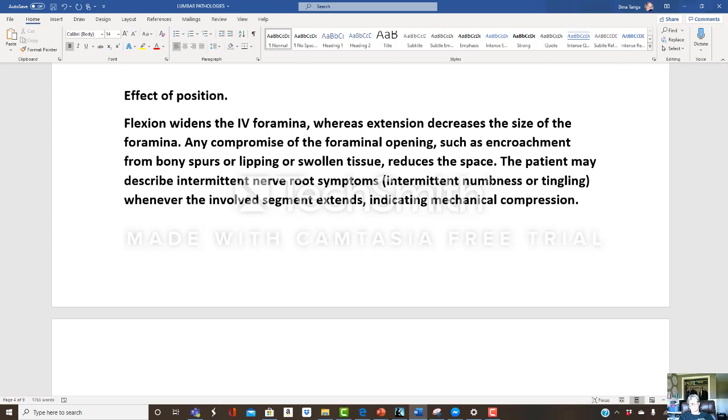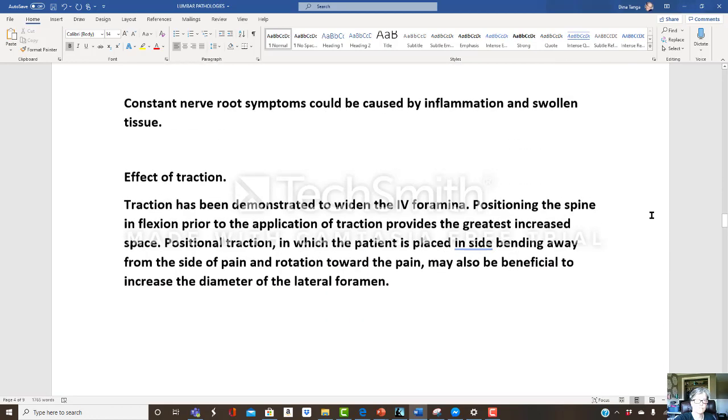Any compromise of the foraminal opening, such as encroachment from bony spurs or lipping of swollen tissue, reduces the space. The patient may describe intermittent nerve root symptoms, intermittent numbness or tingling, if the involved segment extends, indicating mechanical compression. Constant nerve root symptoms could be caused by inflammation and swollen tissue.